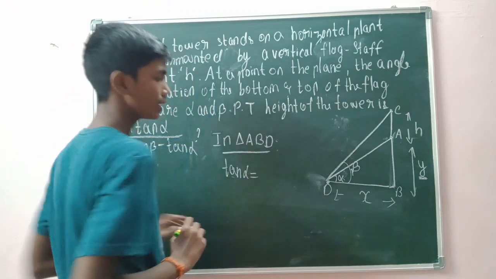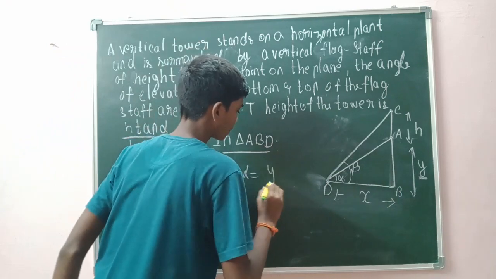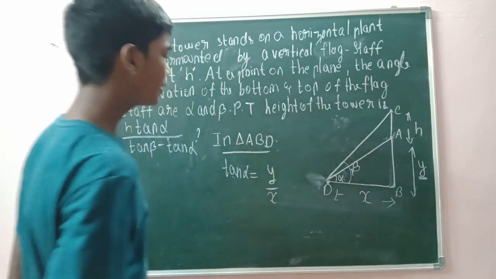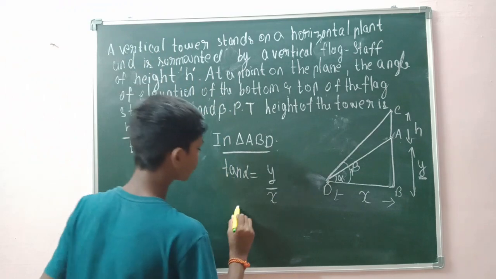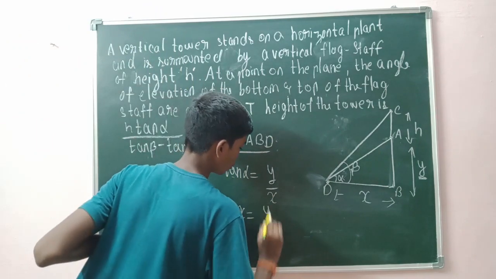Tan alpha will be opposite, that is y, over adjacent, that is x. Correct? So from this, x will be y by tan alpha.